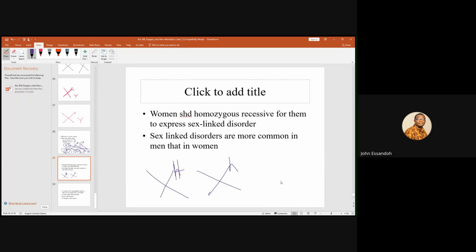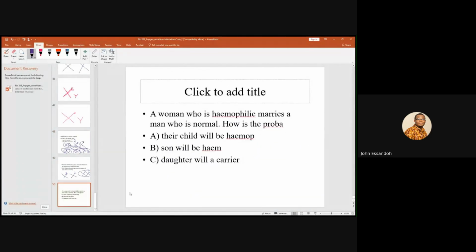But the woman has it, so it means she is this. For a woman to have it, she should be homozygous for the trait, because most of the traits are recessive. All right, so do the crossing for me. Let me go back to the page. Is that a question? Okay, so do this question for me, and then we can call it a day.